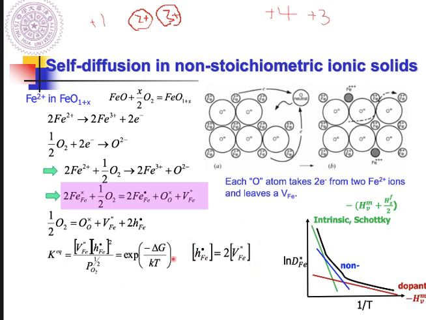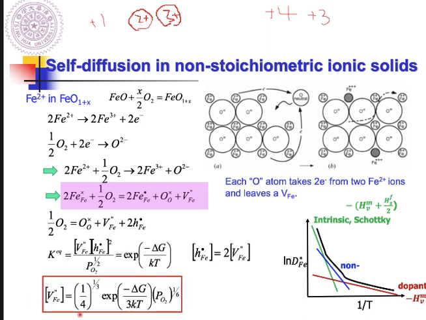So you got this relationship, and just substitute the fraction of the hole with 2 VFe. So you got 4 times the vacancy at the iron side cubed. So in order to get the VFe, you will get this relationship proportional to the exponential of negative activation energy divided by 3kT, and also don't forget this term is the partial pressure of oxygen.